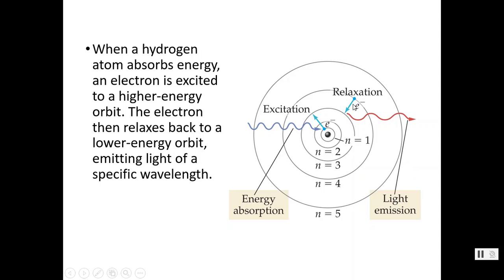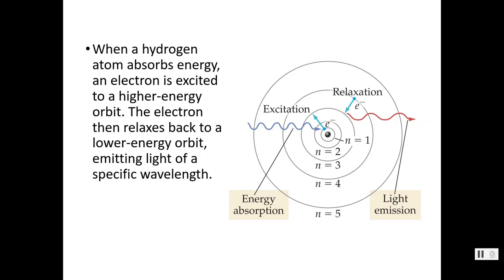And electrons, just like people, they don't want to have a lot of energy. They want to be at a ground state. They want to relax. And so eventually that electron, if it is at a higher energy orbit, will relax to a lower energy orbit. And when that relaxation happens, the release of that energy will be in the form of light.